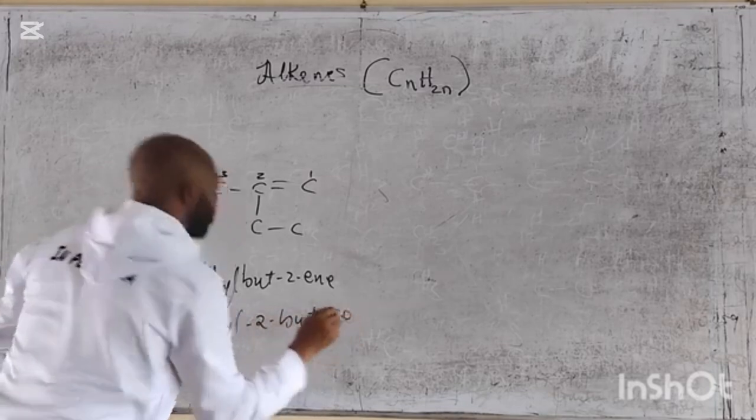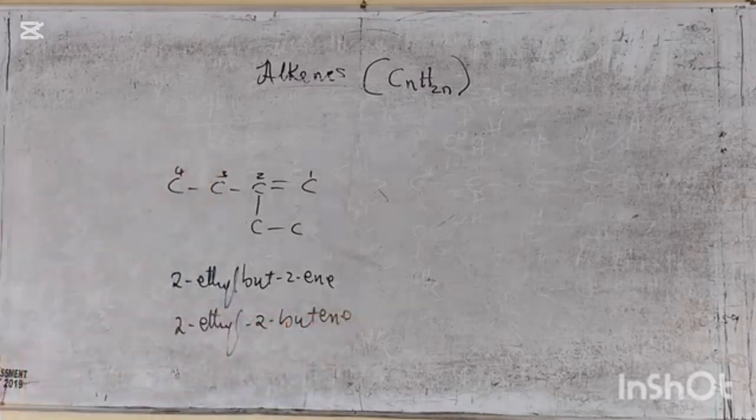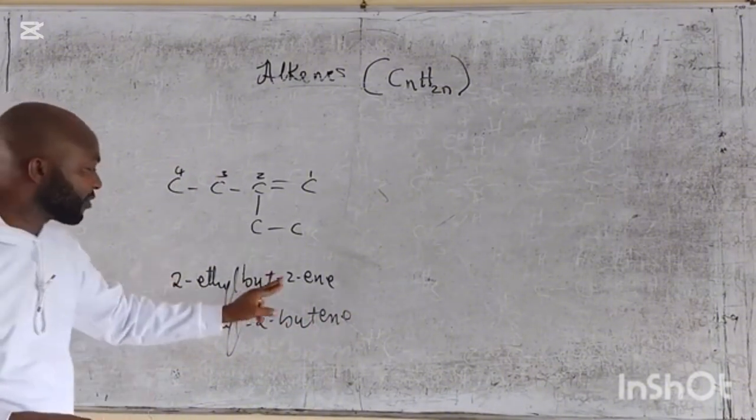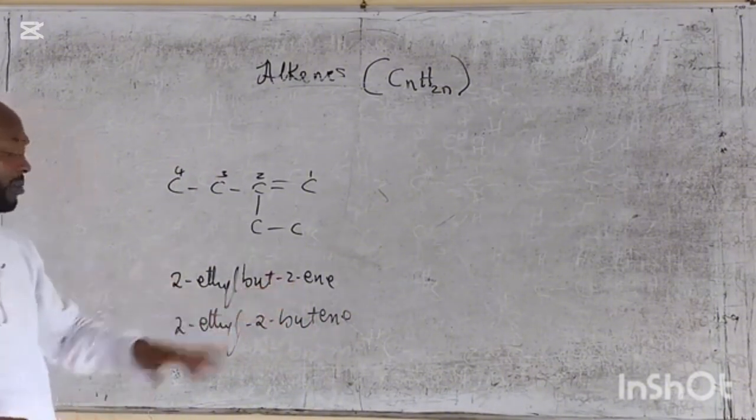The one you like best, you deal with that. Alright? So you must separate them with these hyphens. Use this to separate them. That's what they're trying to tell us.